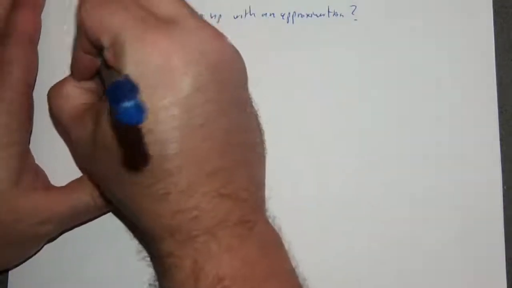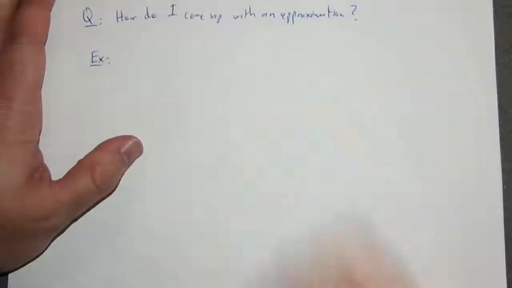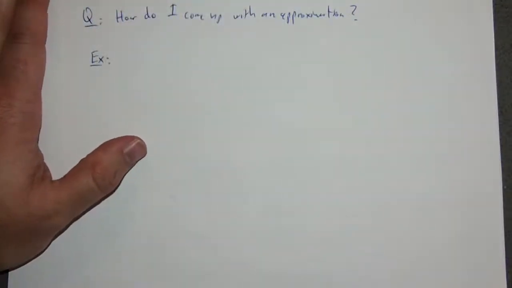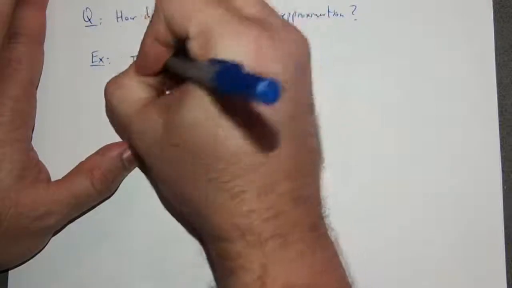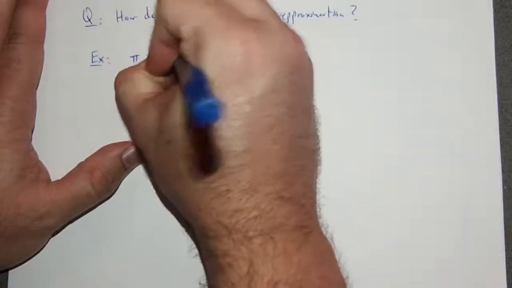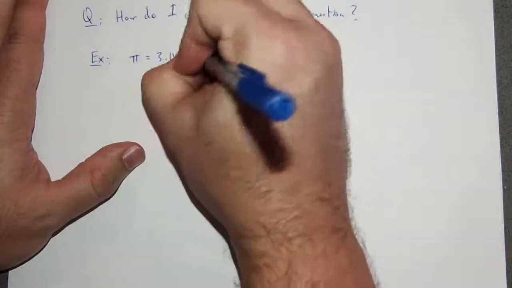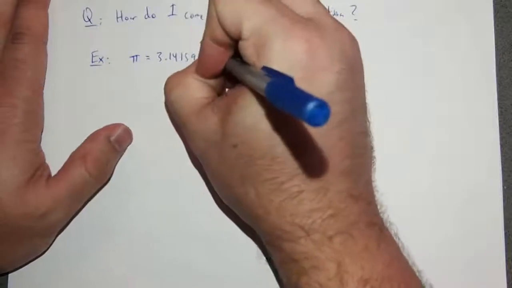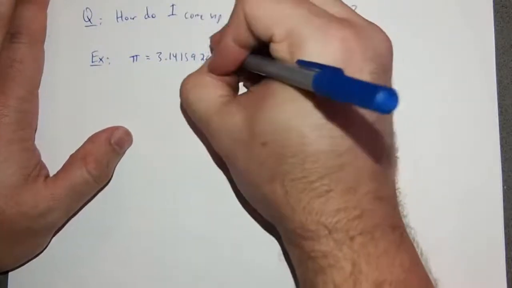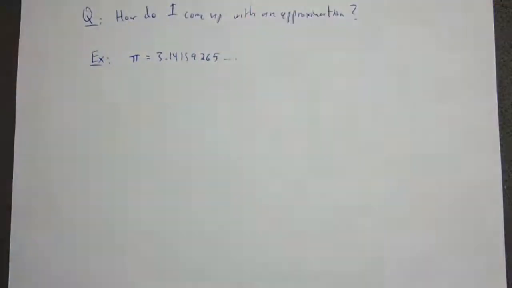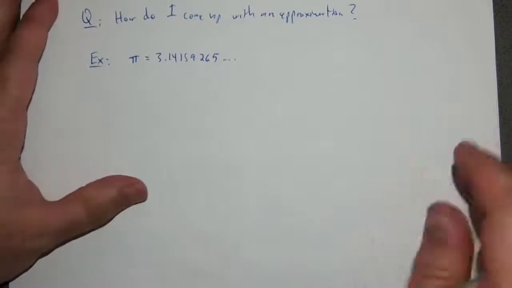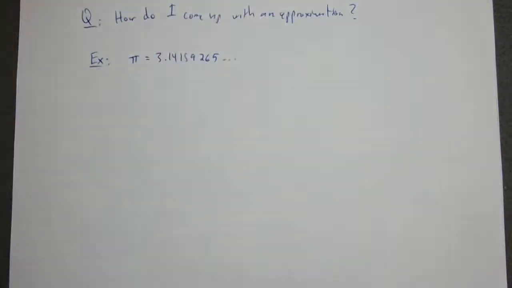So how do I come up with an approximation using this? For example, let's consider pi, right? So pi is, again, 3.14159265, we'll just stop there. So I look at this thing and I extract off the integer bit.